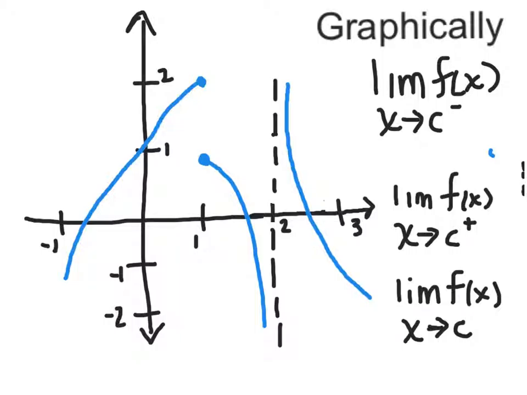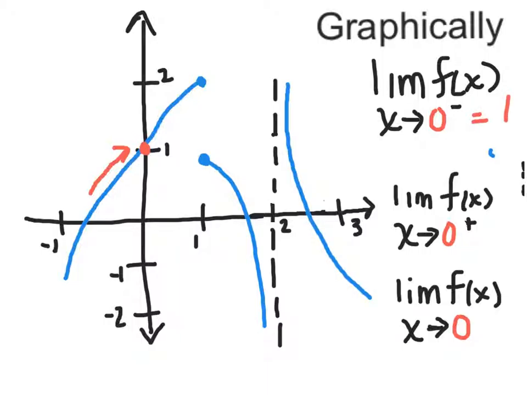So in this particular example, I'm going to use the graph that you have already here. I'm going to take out the c, and I'm actually going to look at what happens when this function approaches 0. So when x is approaching 0 from the left, it is approaching positive 1.